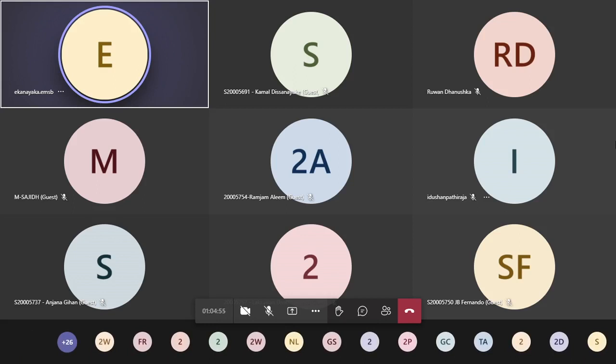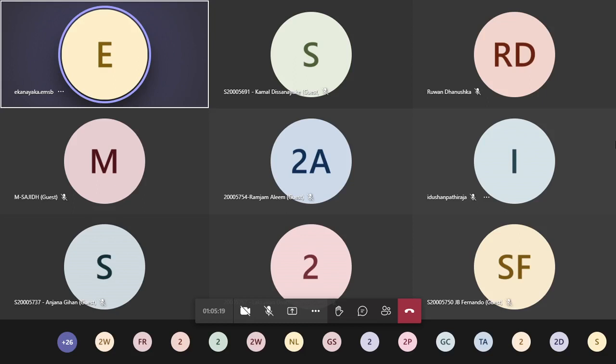And if you need more exercises to do by yourself, I will go to the chat and type some sites. Yes, I will share my Excel sheet also. Don't worry, everything I will share.